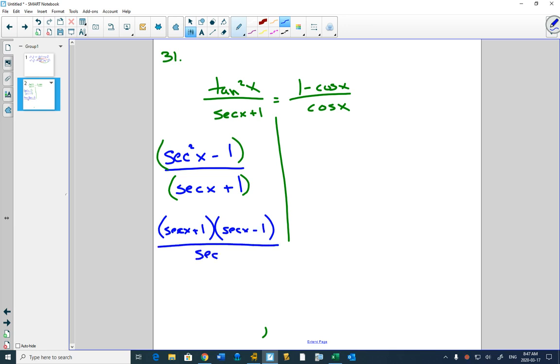And I have a secant x plus 1 on the bottom. So now these factors are identical, so they can cancel out. I'm just left with secant x minus 1, which I could change to 1 over cos x minus cos x over cos x.